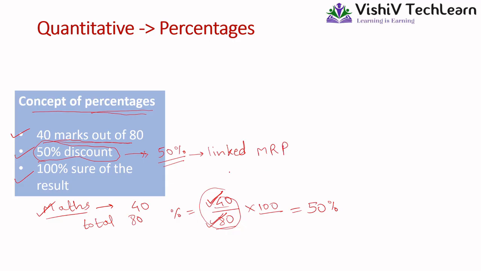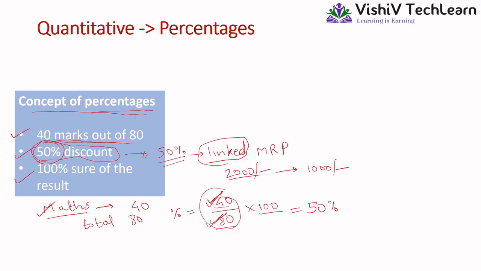Correct? So if the MRP of the product is rupees 2000, then after a 50% discount we get it at rupees 1000. This particular number is not individual; it is always linked with something, and that something in this case is the MRP.